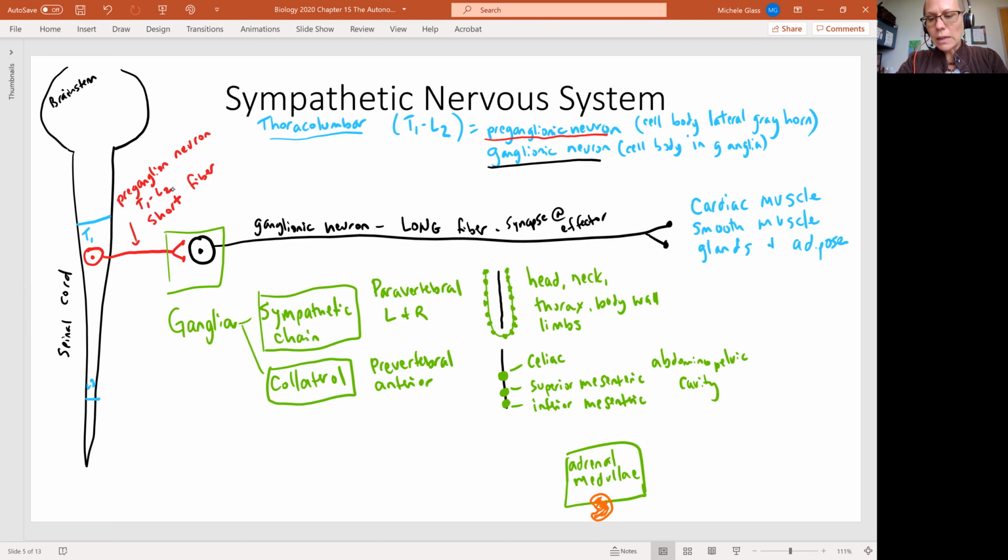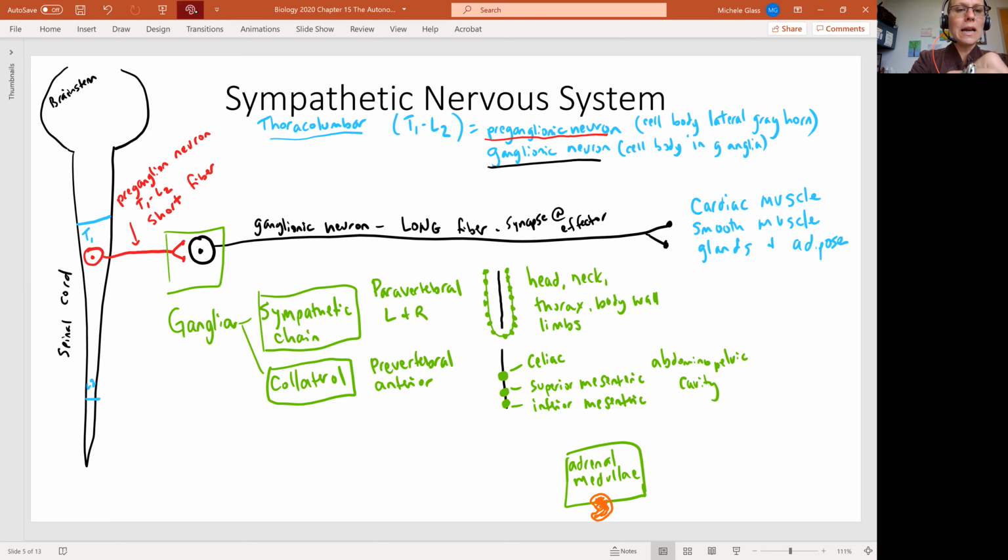Sitting on top of my kidney, I have a gland called the adrenal gland. The adrenal gland has an outside, like a bark, and an inside, the deep part of the gland. The outer portion of a gland is called cortex and the inner portion is called medulla. So when we say adrenal medullae, we're plural because you have 2 kidneys and 2 adrenal glands, one on each side of the body. So with adrenal medullae, we're talking about inside the adrenal gland.